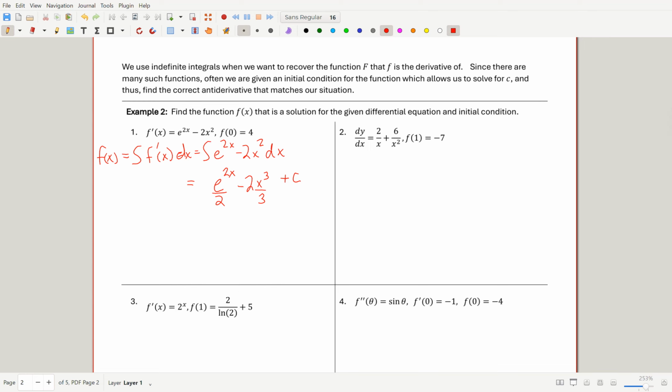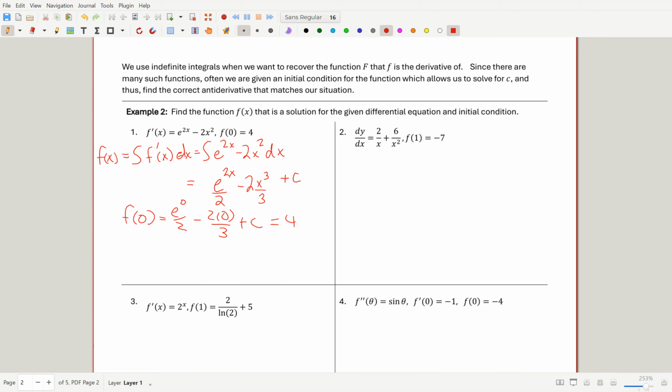So we're going to plug in, because we also know now that f of 0 is 4. So f of 0 equals our function, which would be e to the 0 over 2, minus 2 times 0 cubed over 3, plus C, and that equals 4.